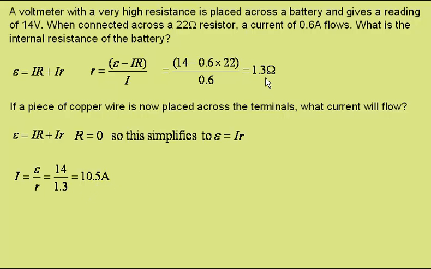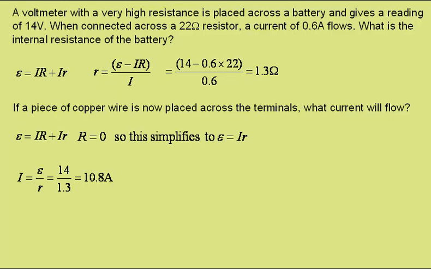The answer up here is actually 1.3 recurring, and I've kept the whole number in my calculator to use in this calculation. You must do this to avoid rounding errors. When doing multiple calculation problems like this, it's generally better to keep the full numbers in your calculator as you work to avoid rounding errors as you go through.